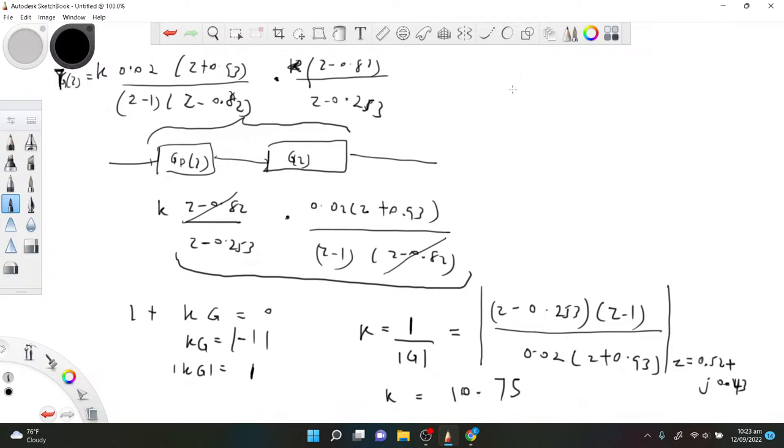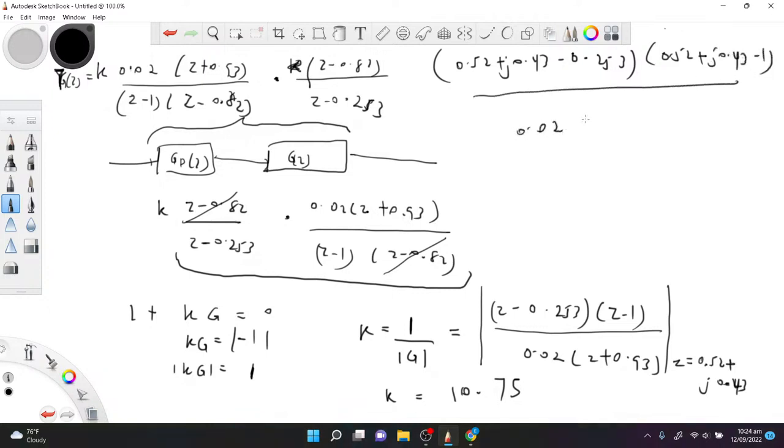So how do we do it? Just put in 0.52 plus j 0.43 minus 0.253, then multiply by 0.52 plus j 0.43 minus 1, all over 0.02 times 0.52 plus j 0.43 plus 0.93.